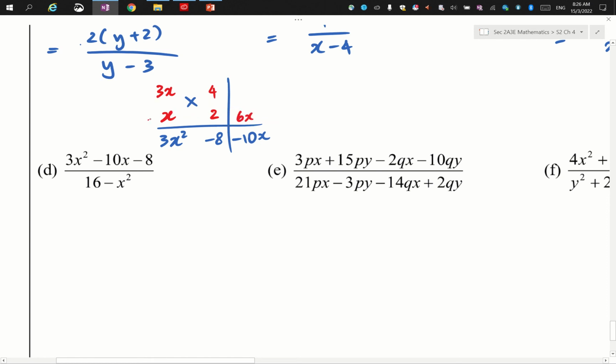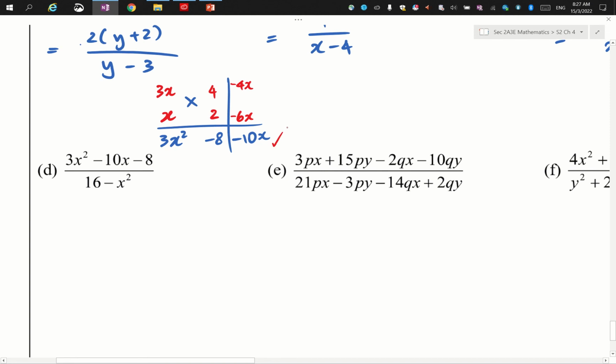Then we carry on. X multiplied by 4 gives me 4x. Now, 6x and 4x, look, it is possible to give us a negative 10x only if there's a negative sign here and a negative sign here. Okay, in both of the 4x and the 6x. Then I can have my negative 10x.